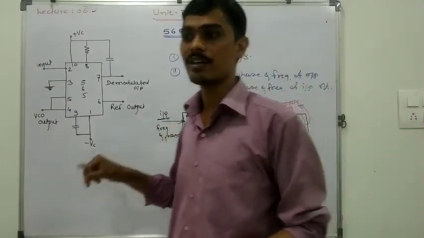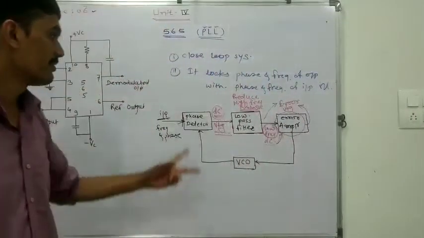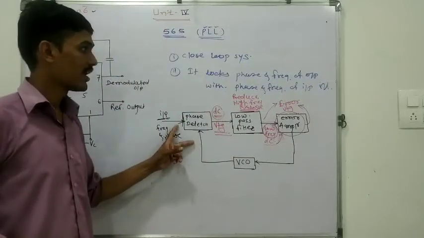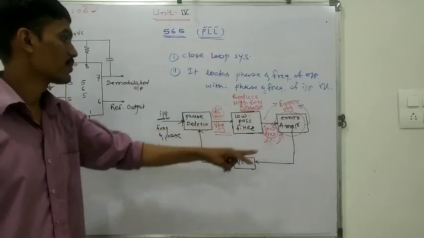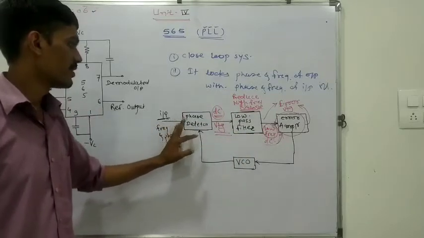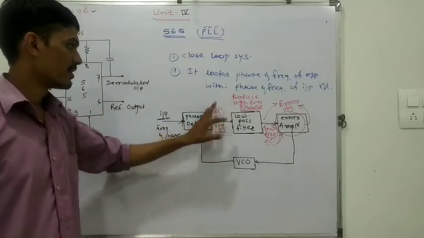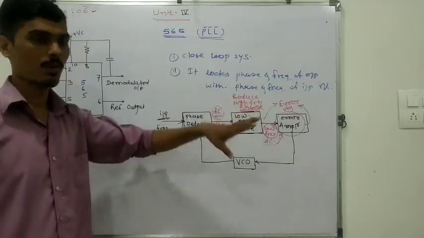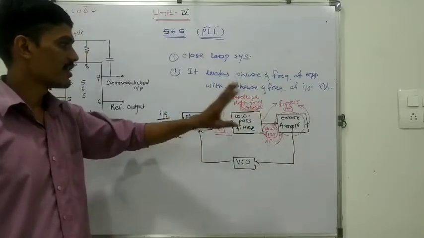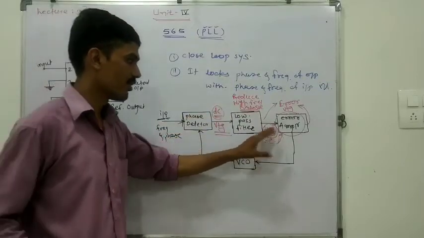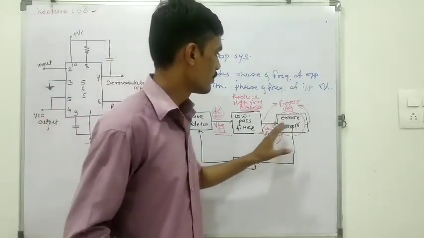Whenever we get a zero difference between these two, until then this process continues. That is, it compares the input signal and the VCO output, generates some DC voltage, and passes it through the low pass filter. After the low pass filter, it reduces the high frequency noise. After that we get a low frequency noise plus DC signal as an input to the error amplifier.